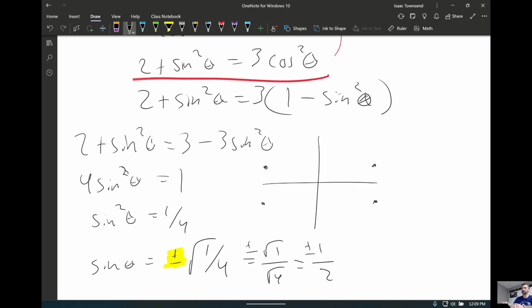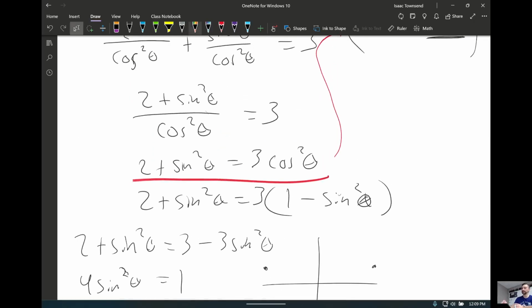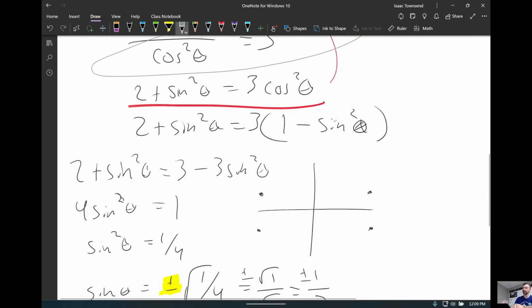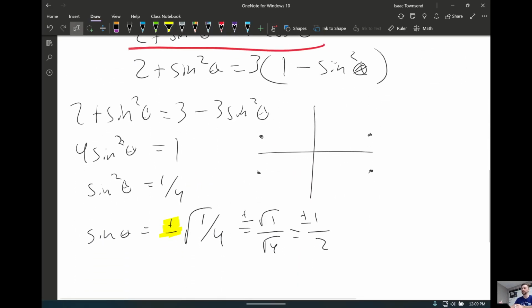But I also know that right here in this step, when you multiplied both sides by cosine squared, that might create some extraneous solutions, because anything that makes cosine squared 0 is going to be undefined because we can't divide by 0. And the way I have it written right here, I can't see that, so I still need to check these answers.